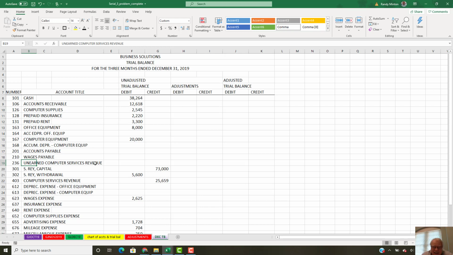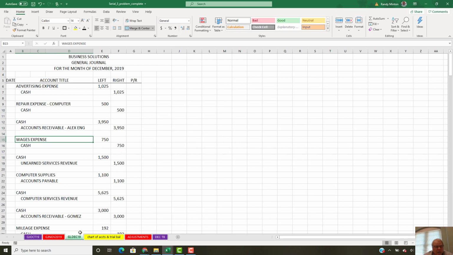No, this is a liability and it will remain a liability until we perform the service. Okay, so in order to record this, you have the cash coming in of 1,500 and a reflection of the fact that we still have not performed any services, so we have a liability that we're setting up here, unearned services revenue.